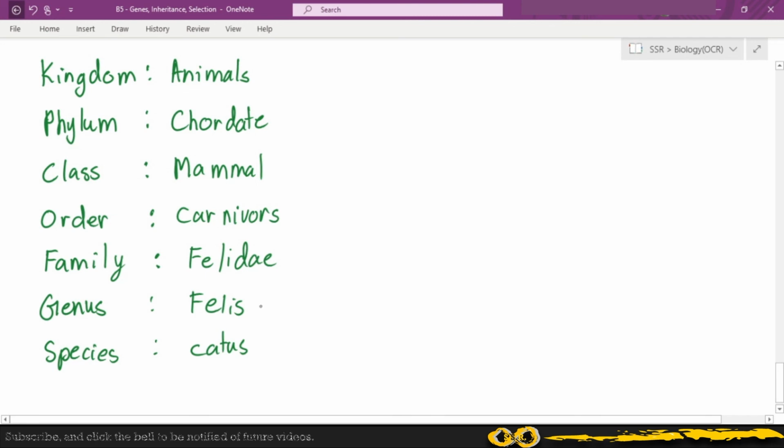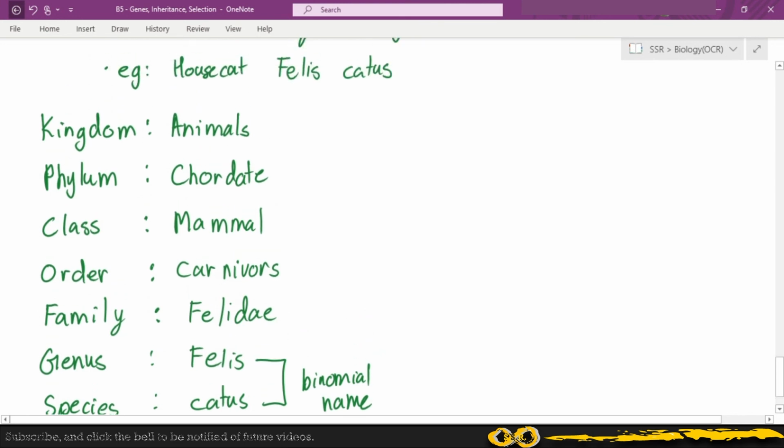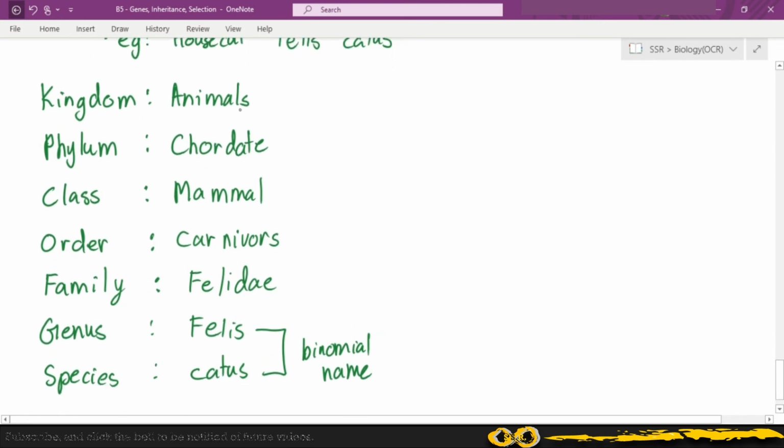And so these final two are the binomial name, but with them they carry the meaning of the rest of it, of the rest of this order. So starting with the largest division, the kingdom, and going all the way down to the specific, to the species, that lets us know where the animal falls in this category.